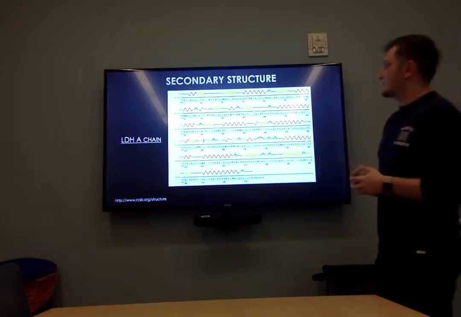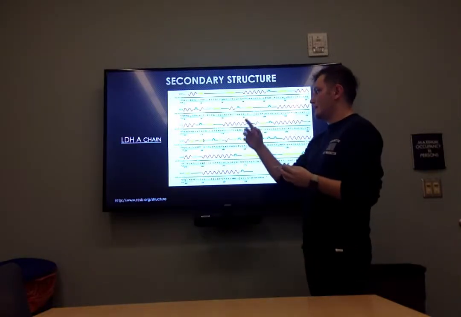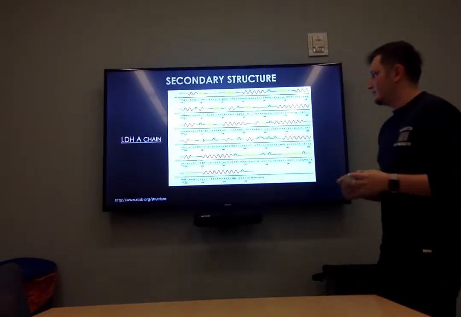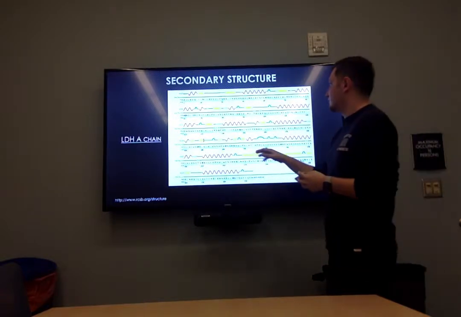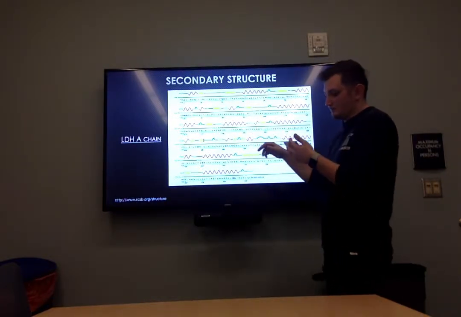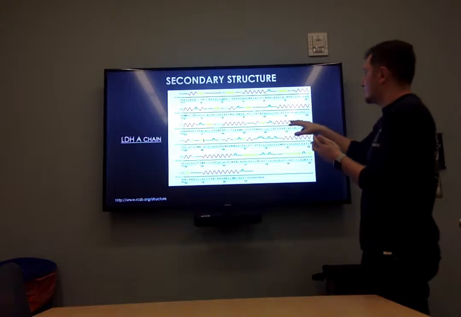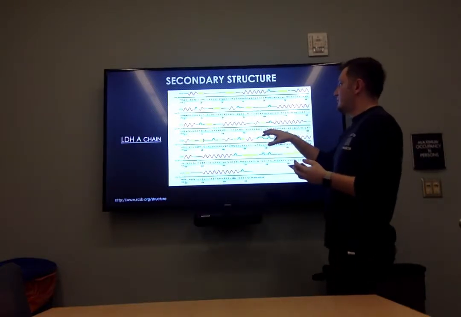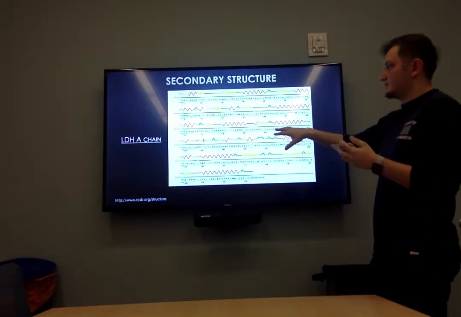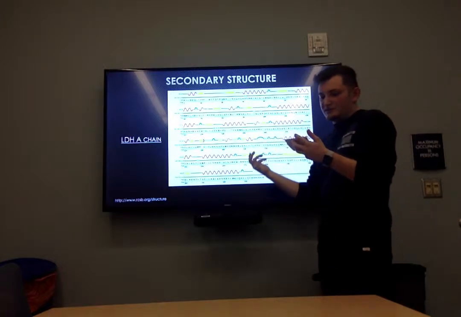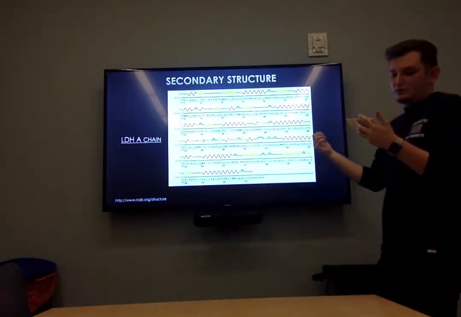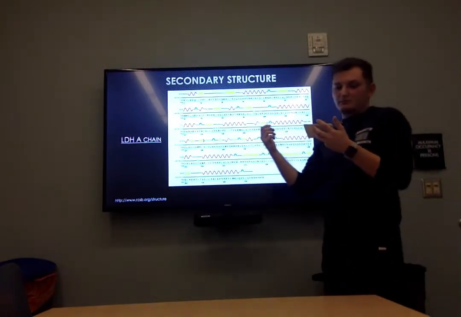So here we're going to look at the secondary structure. First we have the LDHA chain. As you can see here, you have about 332 residues on the secondary structure for LDHA. It's considered a polymer with 332 residues, a polypeptide chain.